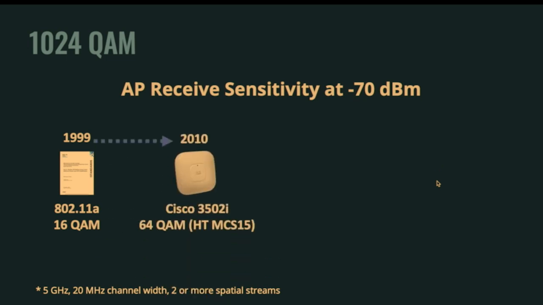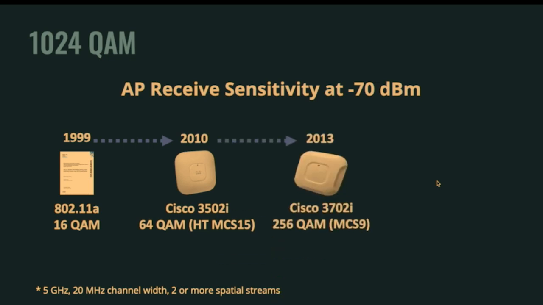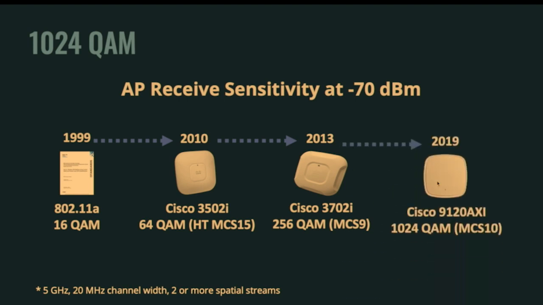A decade later, Cisco released the 3502, which in lab testing, not exactly the real world, could do 64 QAM at minus 70. A few years later, the 3702 came out. It could do 256 QAM at minus 70. And according to Cisco's tests, the 9120 can actually do 1024 QAM. It can demodulate that at a signal level of minus 70 dBm.